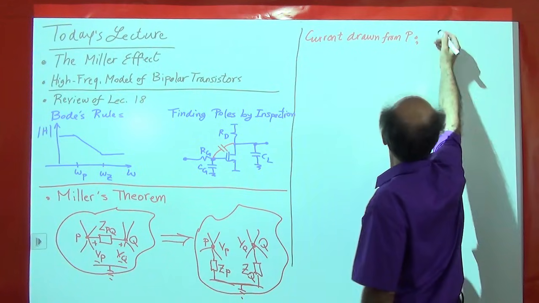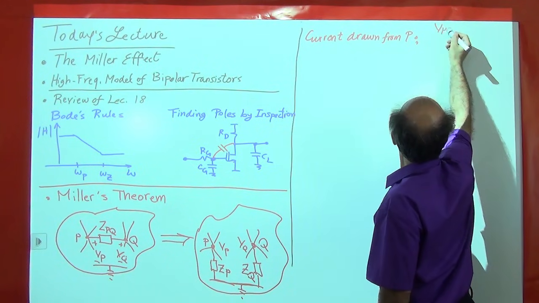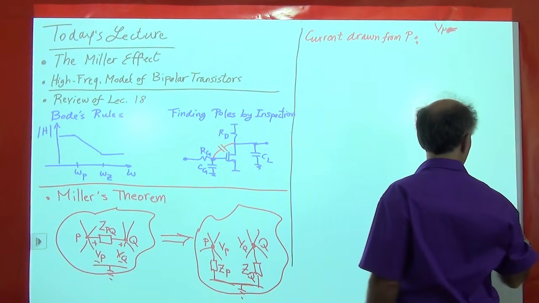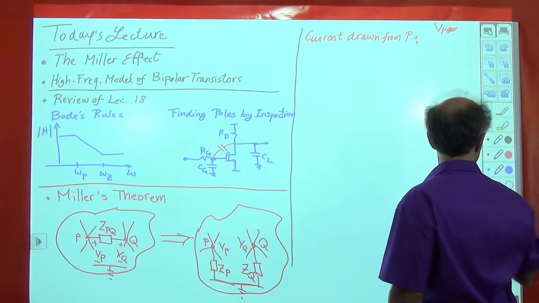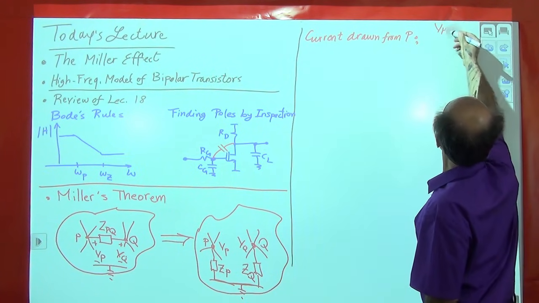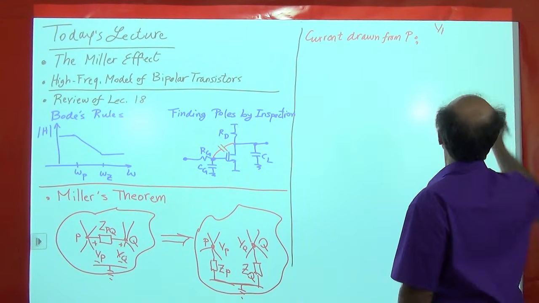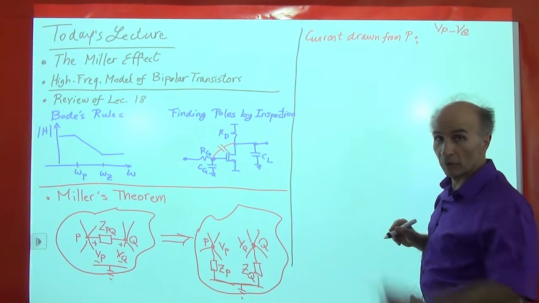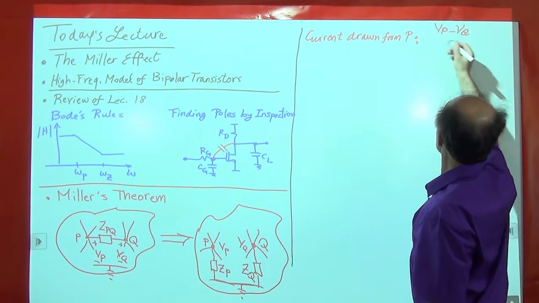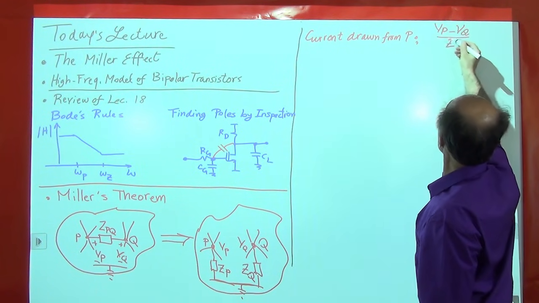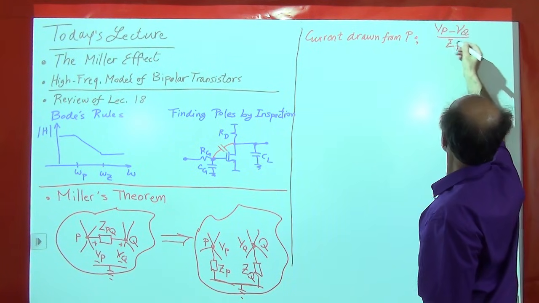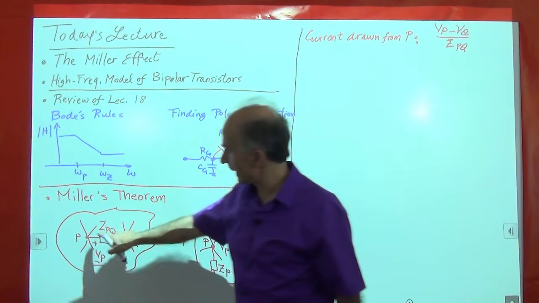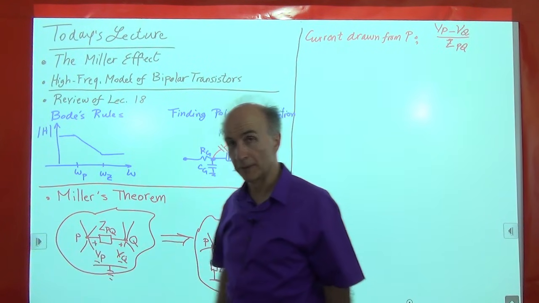So I can say that it's given by VP minus VQ, the voltage difference, divided by the impedance ZPQ.